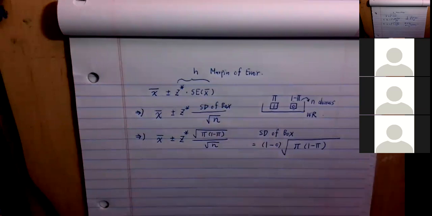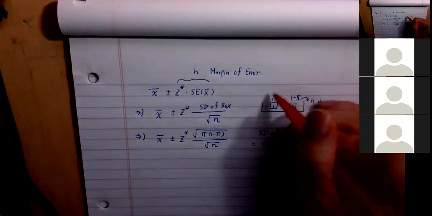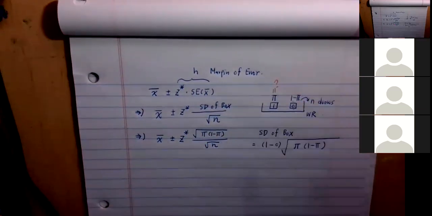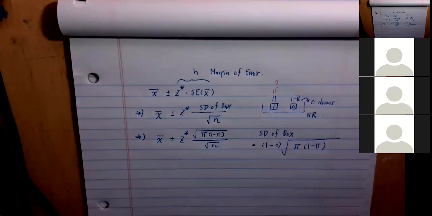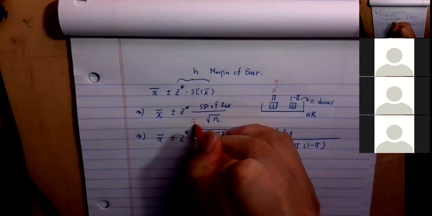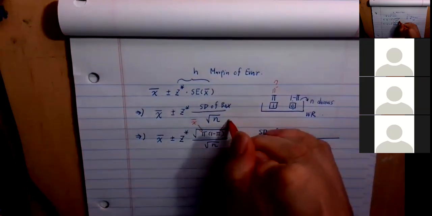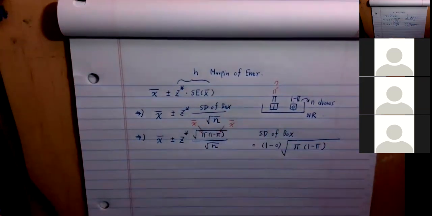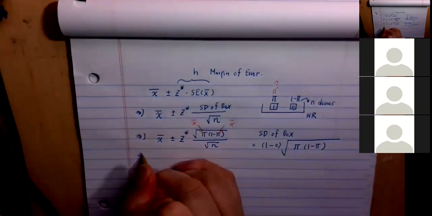But do we know pi? We don't know pi, right? So when we don't know pi, what can we do? We estimate pi by the sample percentage. And the sample percentage in our example is 40%, okay?